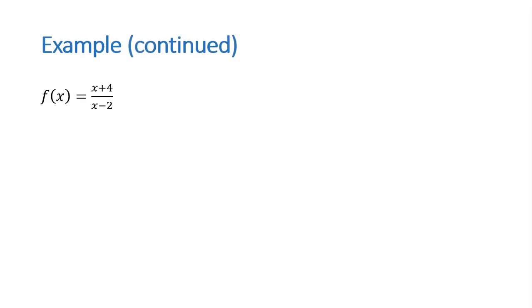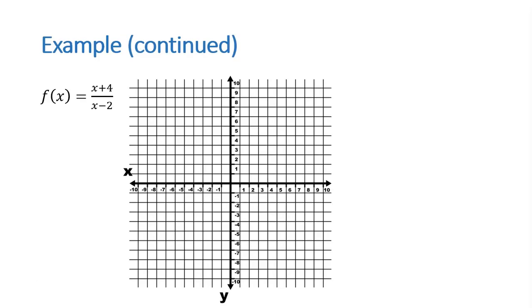So now we want to just put everything we have together and let's see what other additional points we need. So our y-intercept was -2. Our x-intercept was -4. We have a vertical asymptote at x equals 2. And we have a horizontal asymptote at y equals 1. So this is everything we have so far for our graph.